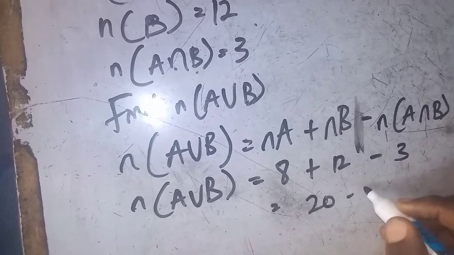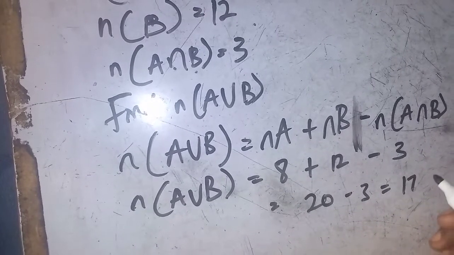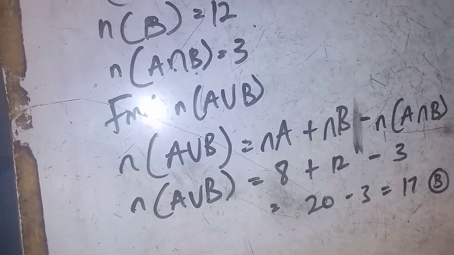That's 20 minus 3, which equals 17. And that's our option B according to the question.